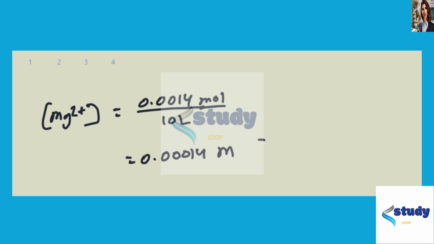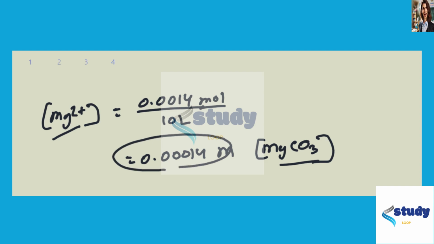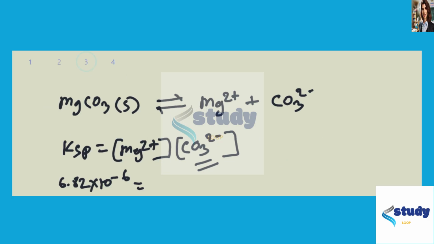So this is basically the concentration of magnesium carbonate. But since from 1 mole magnesium carbonate we will get 1 mole magnesium ion, this concentration is also the concentration of the magnesium ion. So you just put this value here, 0.00014 times the concentration of our carbonate ion.